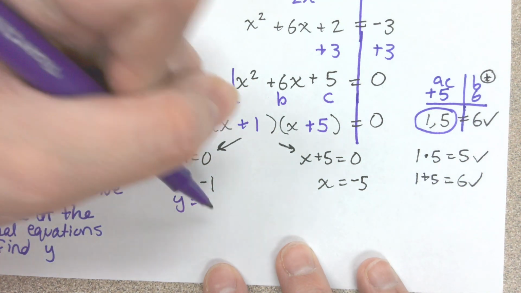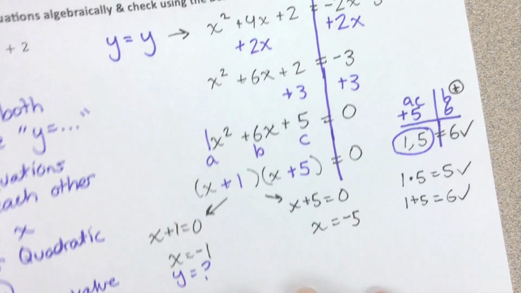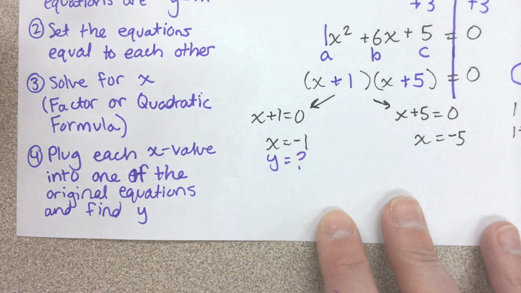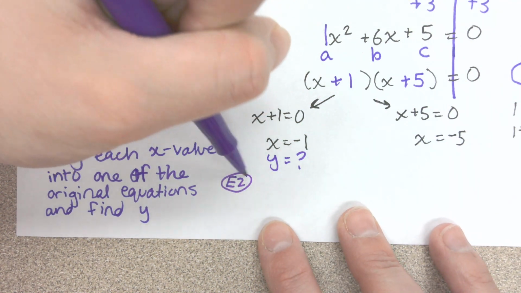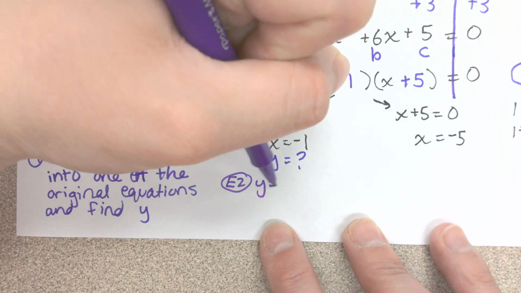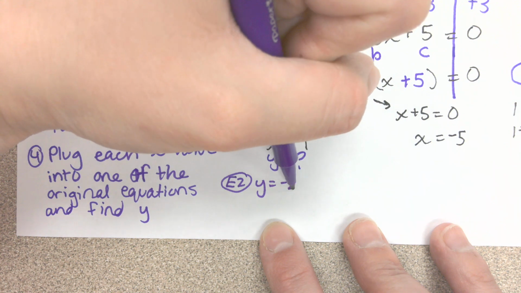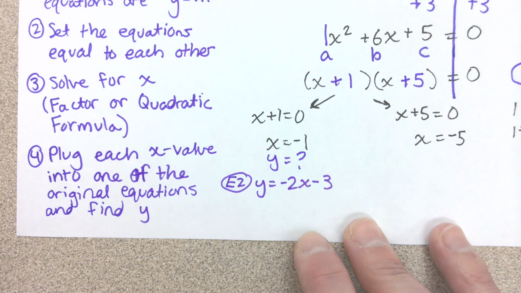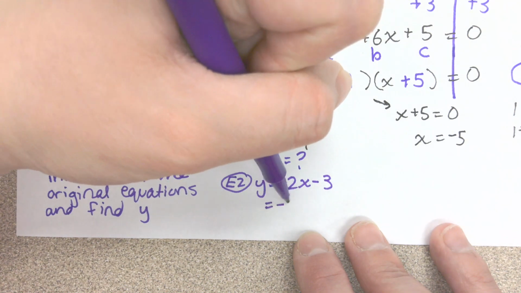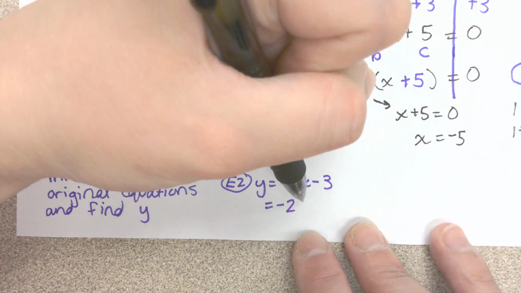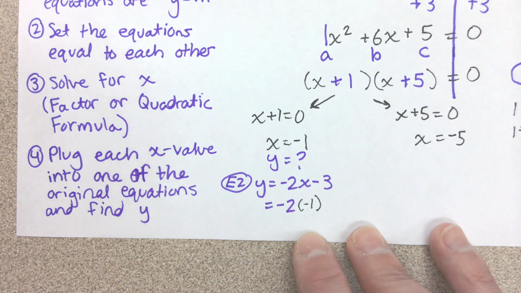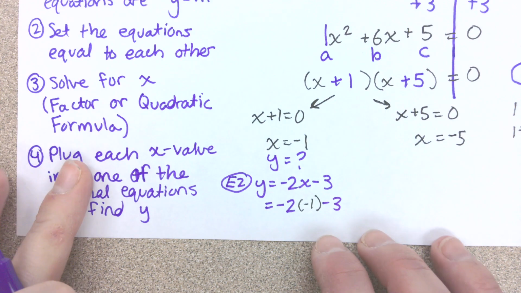So we know x is -1, y we need to figure out. So we're using E2, which is y equals -2x minus 3. That's -2 times -1 minus 3.